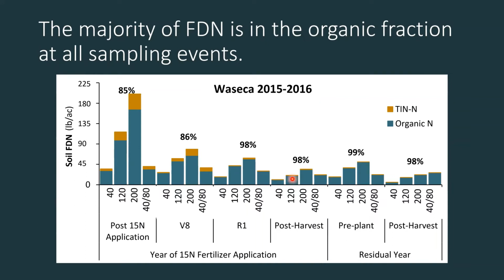And from about post-harvest in the first year to post-harvest in the second year, there's really little change in the amount of fertilizer-derived nitrogen in the soil system. And so this could be due to that fertilizer being bound up in that organic fraction and just becoming part of the soil organic matter. And so it may mineralize slowly over time, but it's not mineralizing at a rapid enough rate to impact corn nitrogen uptake.